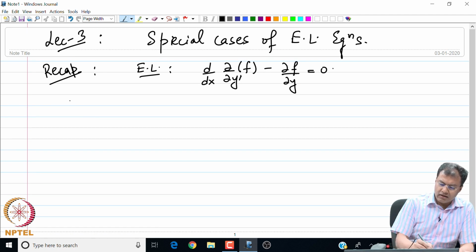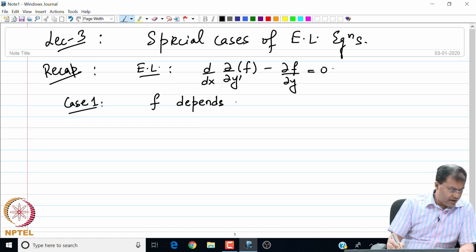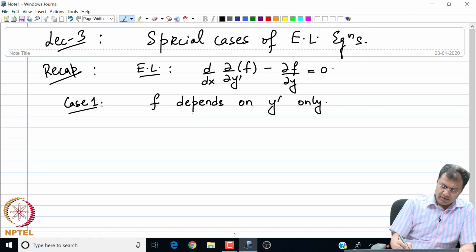So, let me just categorize the different special cases in which this Euler-Lagrange equation simplifies. So, my first case would be where my integrand to the functional f depends only on y prime, right. So, in that case we will see how the Euler-Lagrange simplifies.